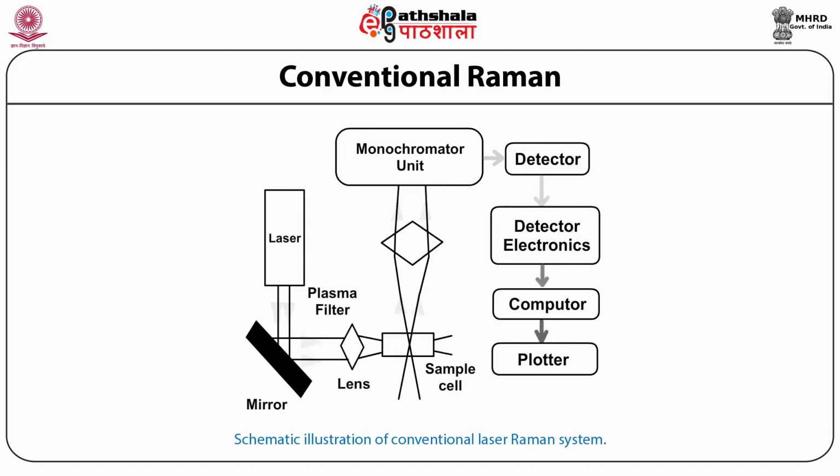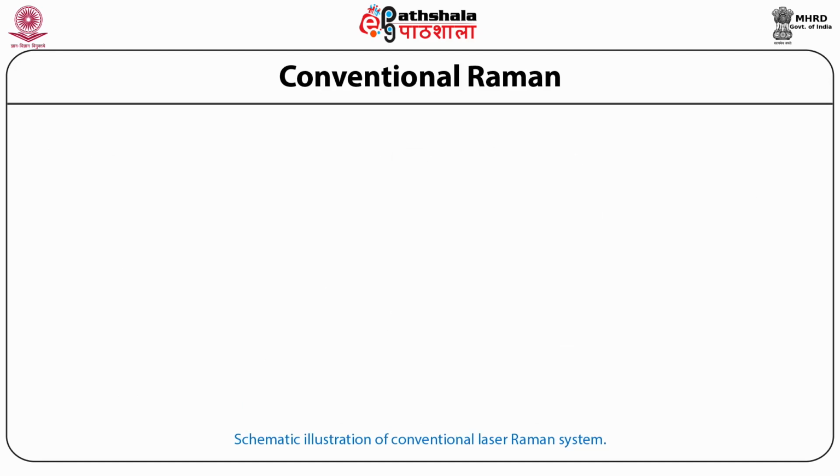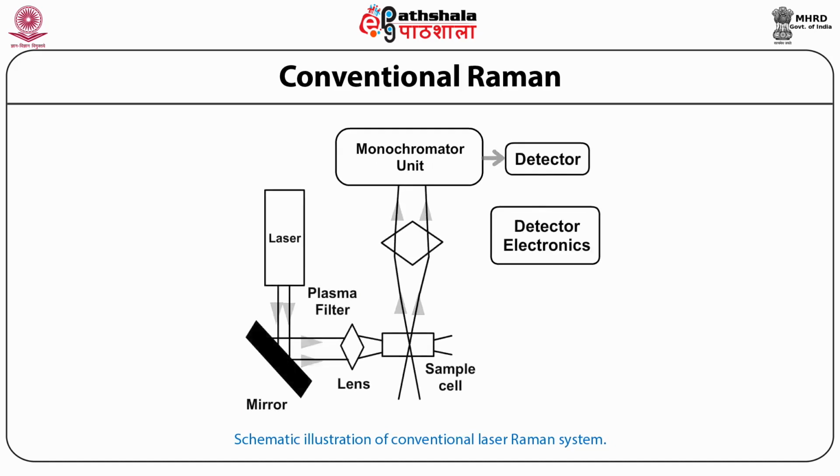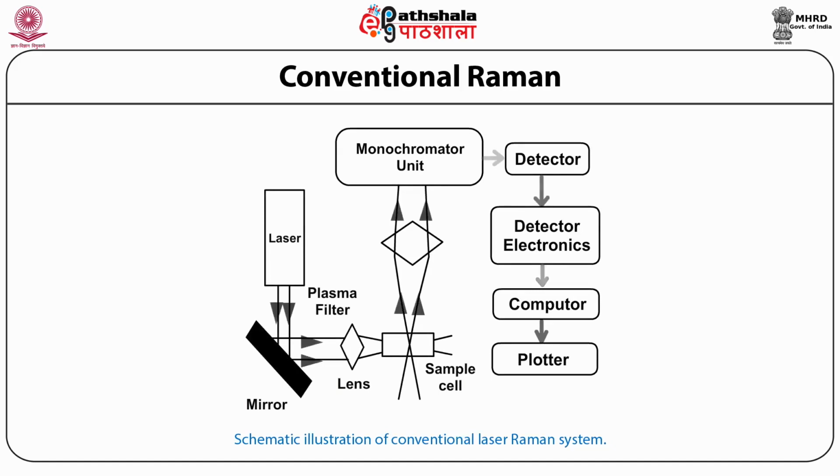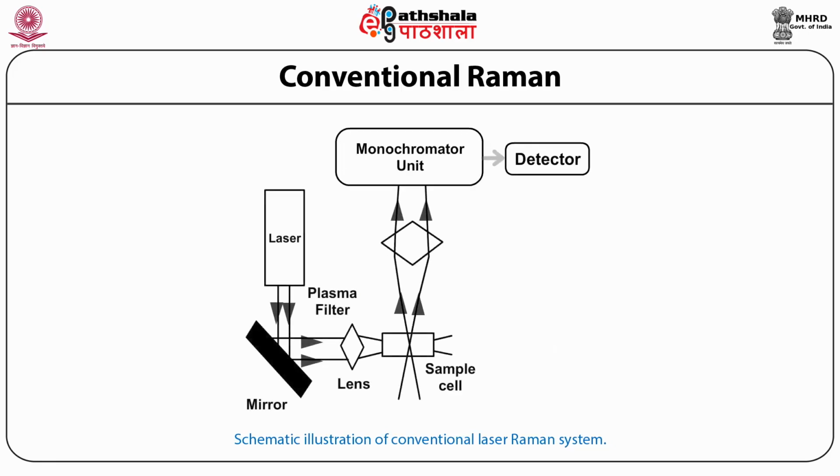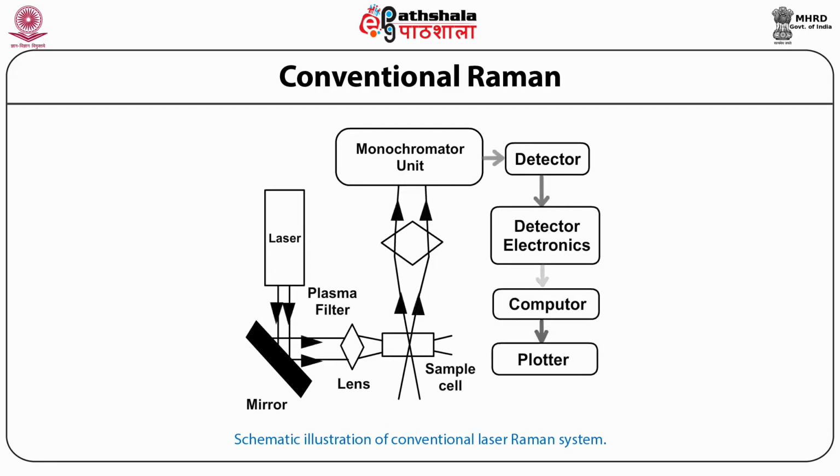Sources used for excitation are generally visible light. Apart from krypton and argon ion lasers used in routine sample excitation, for some special purposes UV visible lasers have also been used. A monochromator unit is used with a signal decoder system consisting of a data processing unit and a detector.